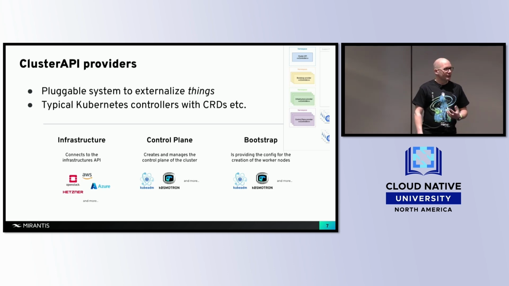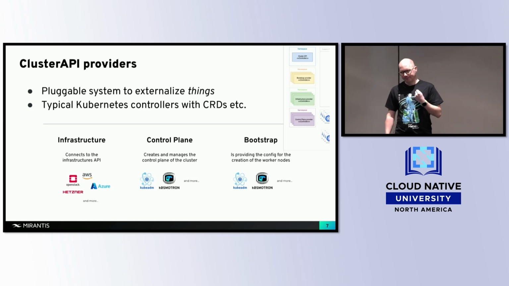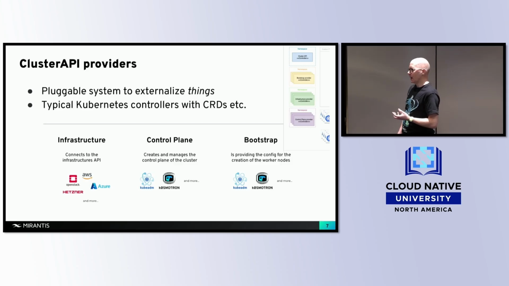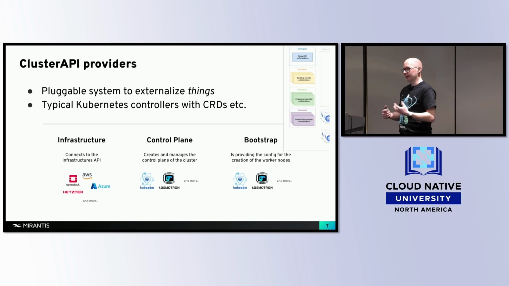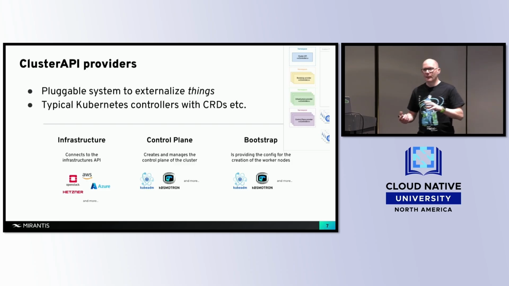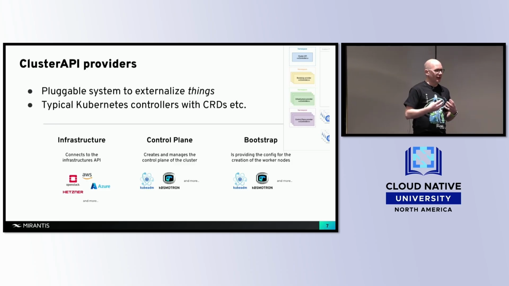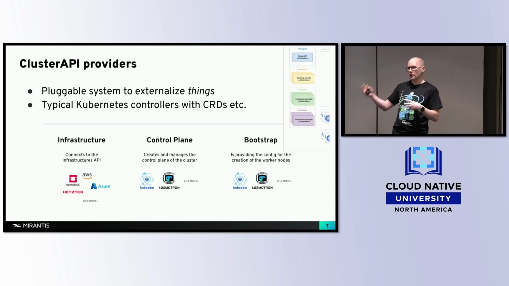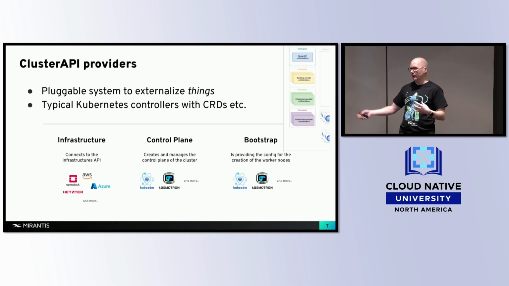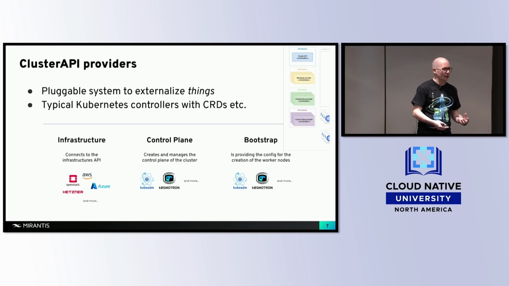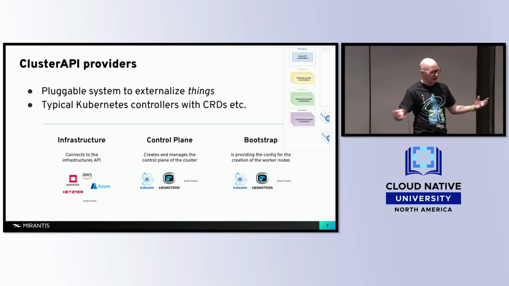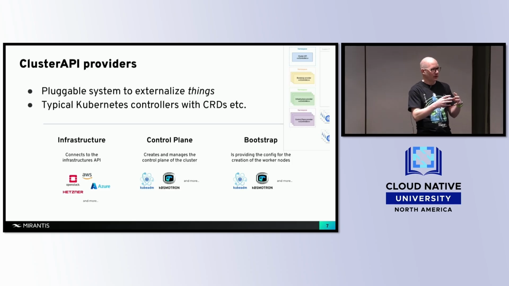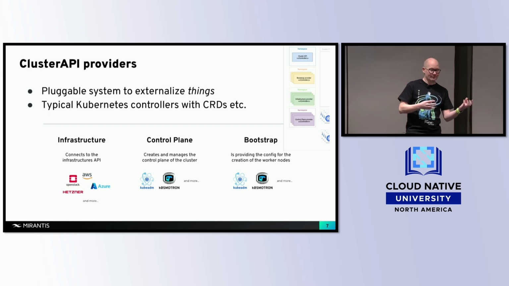Cluster API, the beauty of it is this extensibility. And the extensibility comes with these providers. Because early on, the Cluster API developers figured out that there's no way on earth we can build something that can actually manage all the different cloud providers, all the different types of infrastructure. It doesn't make any sense to build everything into one package. Like Kubernetes did at first.